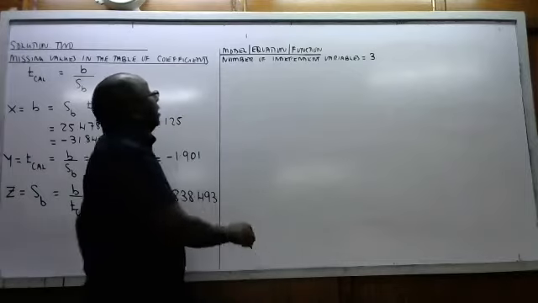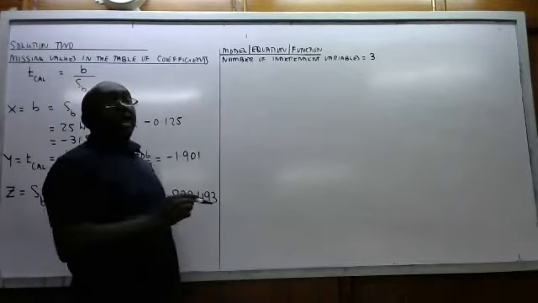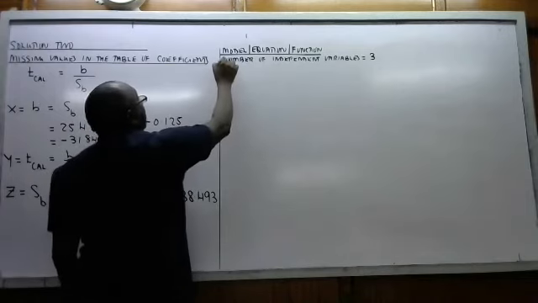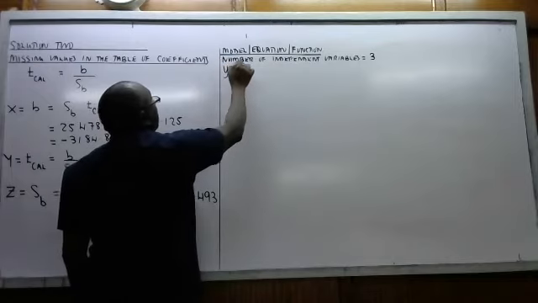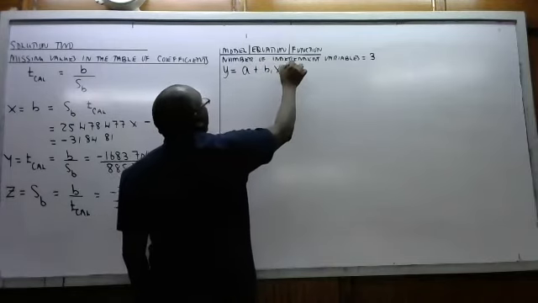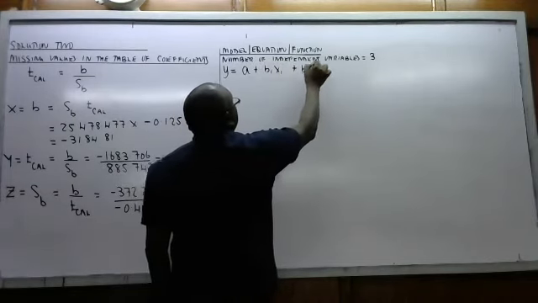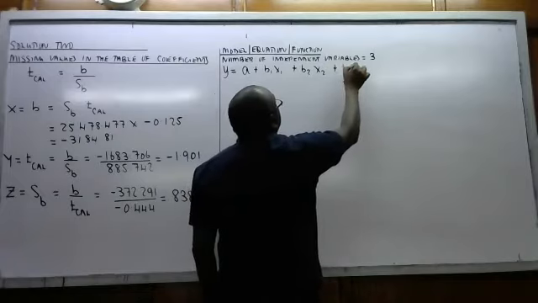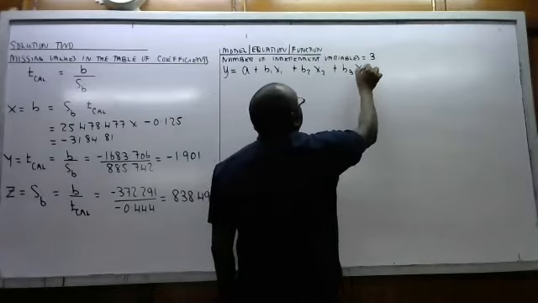So let's come back here. Now that we know that we have three independent variables, we are in a position to know the format. Our equation will be y is equal to a plus b1x1 plus b2x2 plus b3x3.